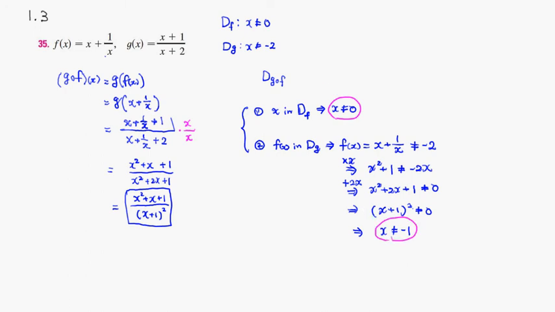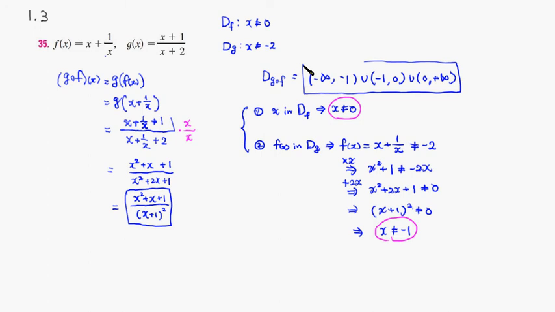So the domain of g of f is: start from negative infinity, go all the way to -1 but skip -1, go all the way to 0, skip 0, then finish all the way to infinity. This is the domain of the composition g of f.